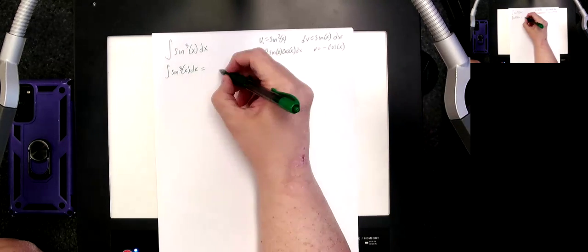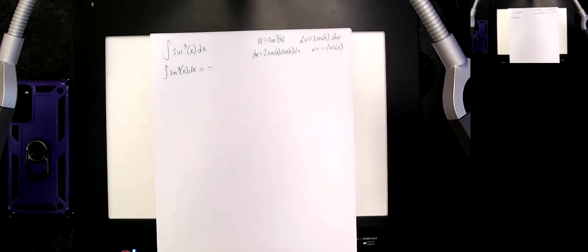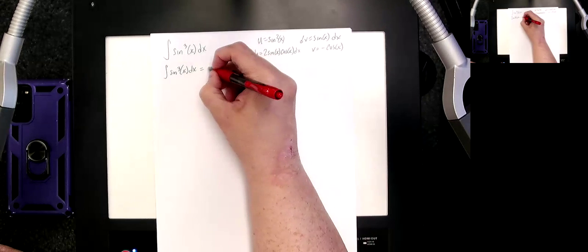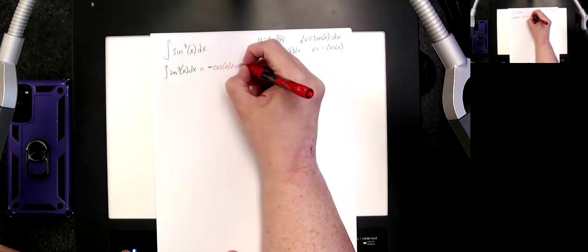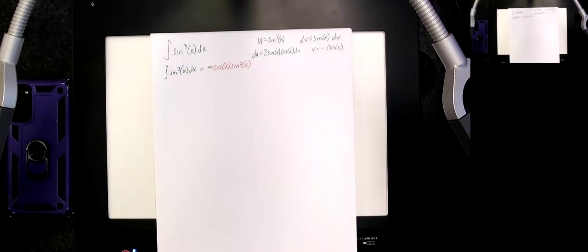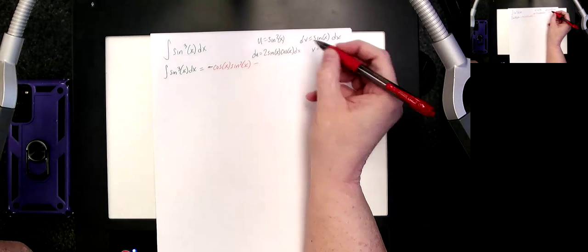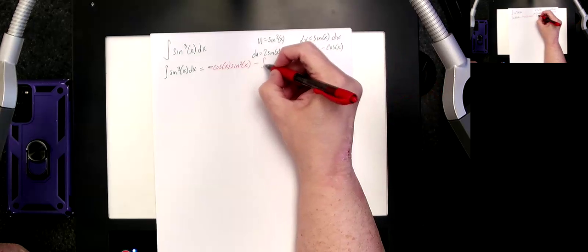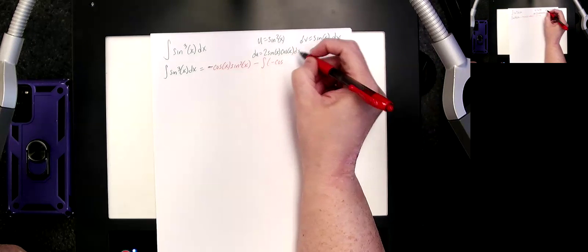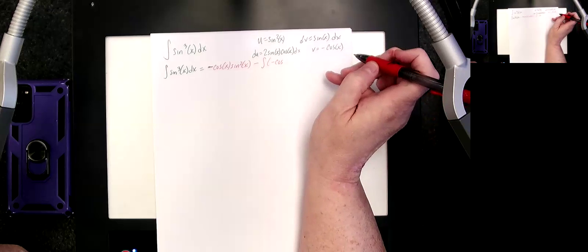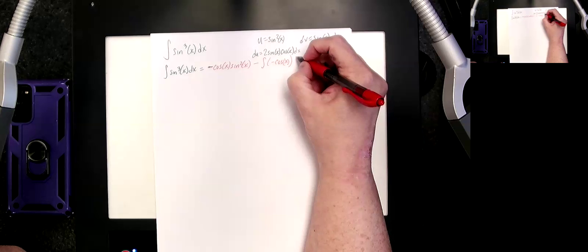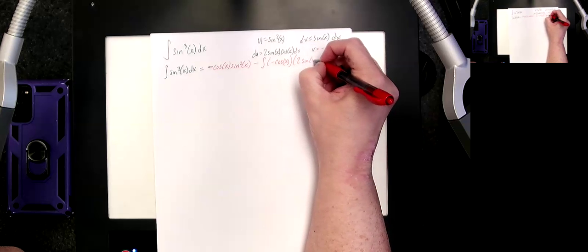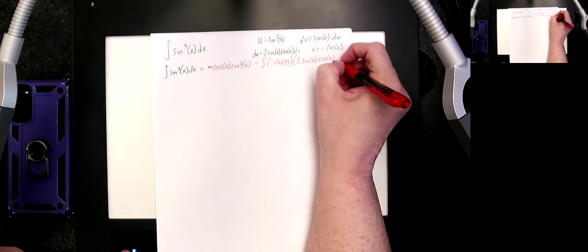This equals uv, so negative cosine x sine squared x. That's my uv. And then minus the integral of v, negative cosine x, du, which is 2 sine x cosine x dx.